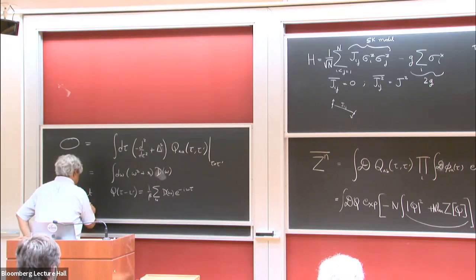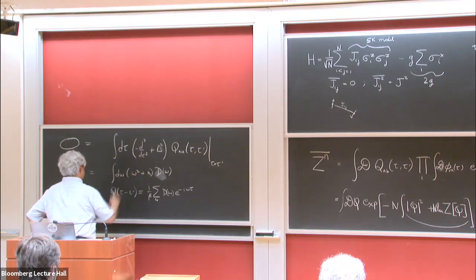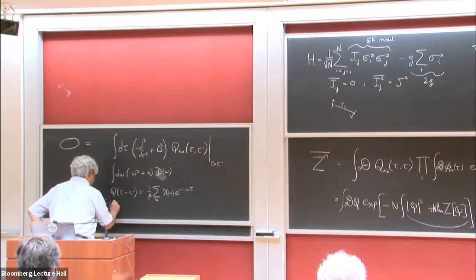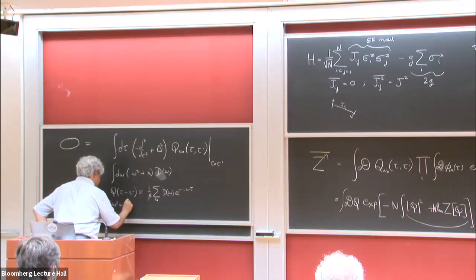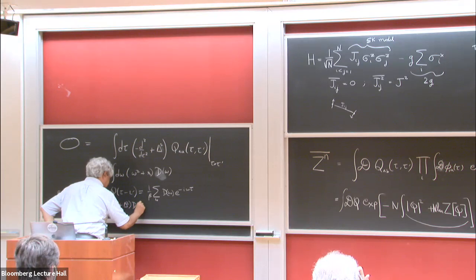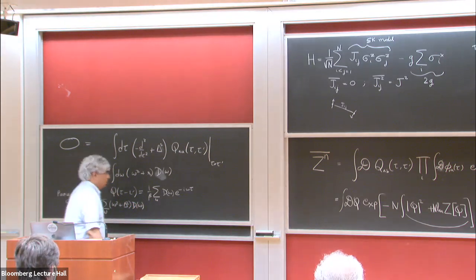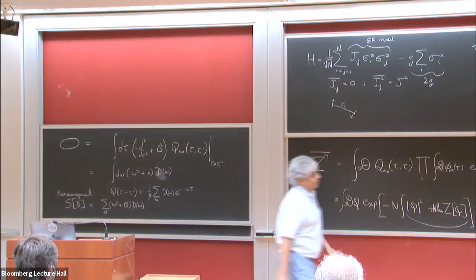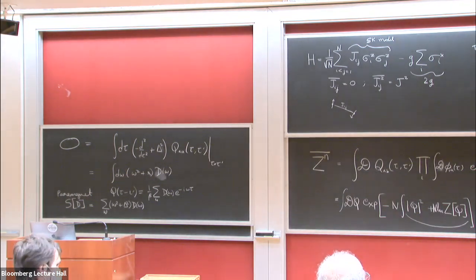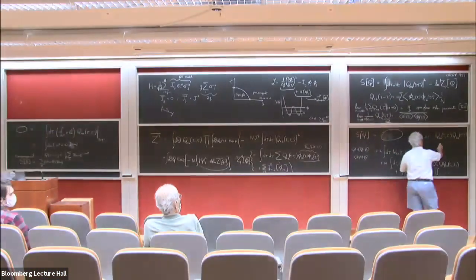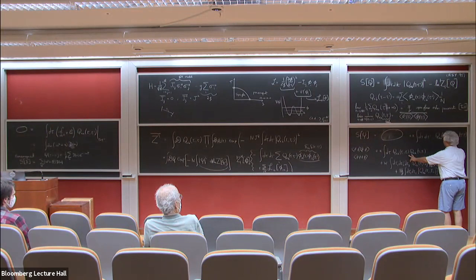Okay. So we get terms of various types. So this will give you basically sum over omega of 1 over omega squared plus delta squared, times D of omega. And then if you look at these terms here, let's just look at the quadratic terms. There are 2 types of quadratic terms, and they give you rather different structures.